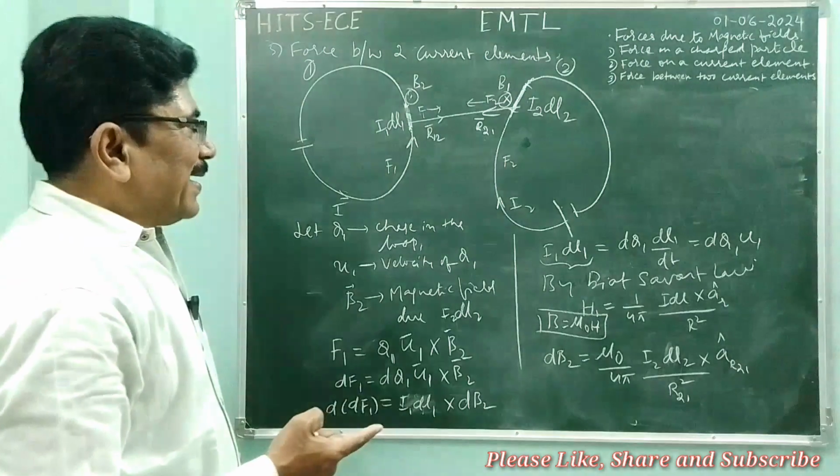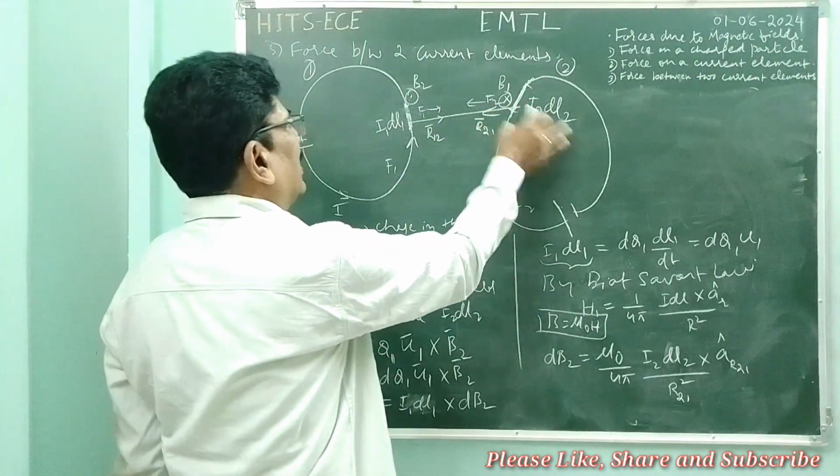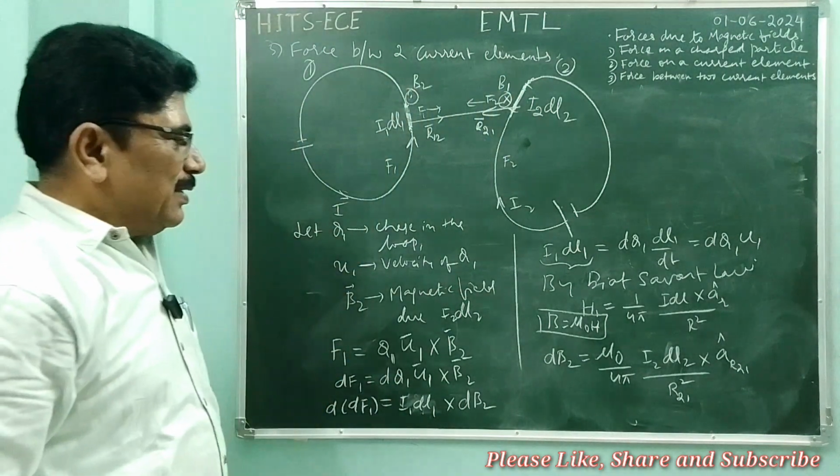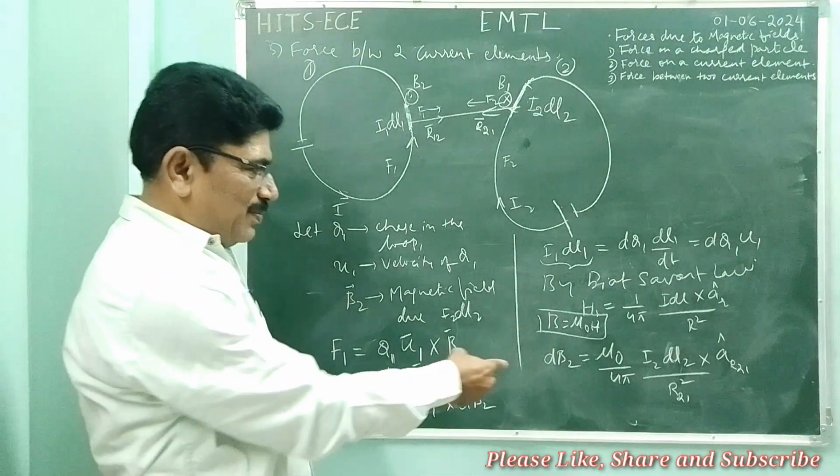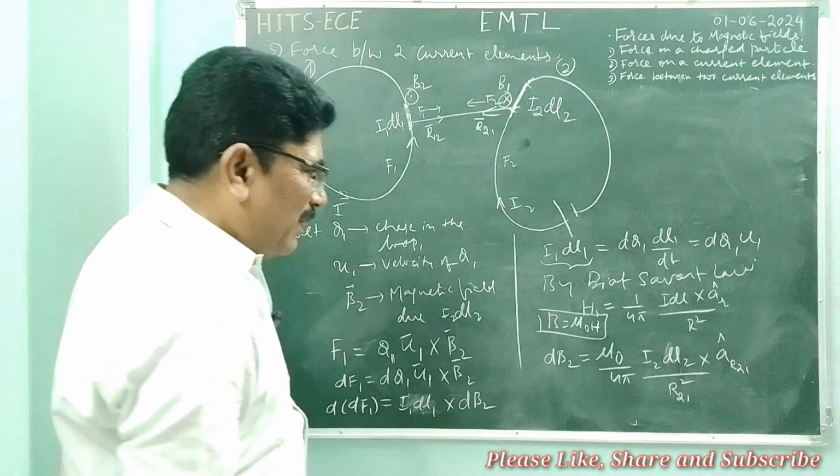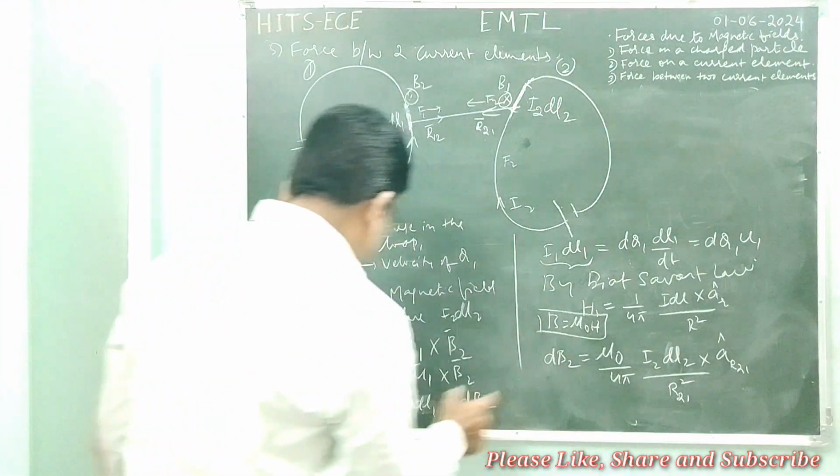This is the magnetic field produced by this I2 dL2 at this point. That is the differential magnetic field I am considering. Now let us substitute this in this equation.